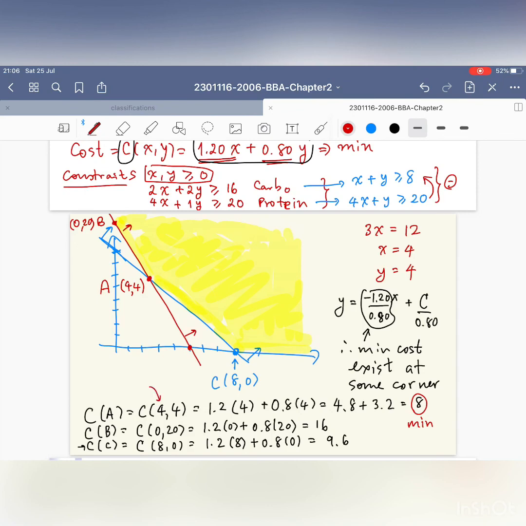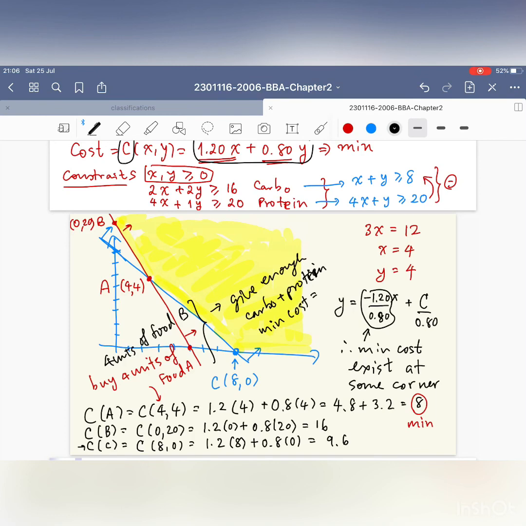So you need to buy 4 units of the food A and 4 units of the food B. This one will give you enough nutrition, I mean the carbohydrate and protein, the minimum that you need, and also the minimum cost for this kind of buying food will be $8. It will be $8. All right.